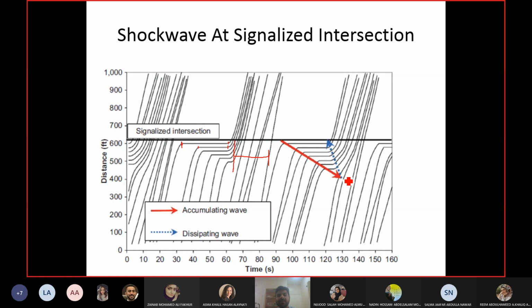We are just saying the time when you start measuring the dissipation of the queue is when the last vehicle in the queue has the time to move. That is the time when the dissipation shock wave has started.